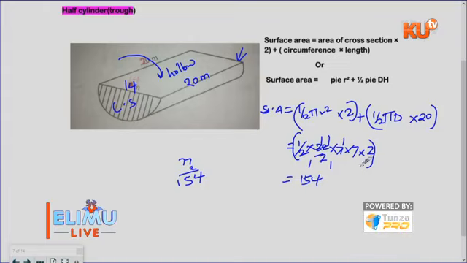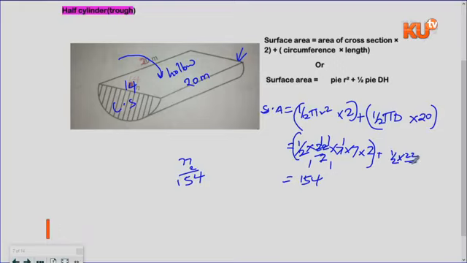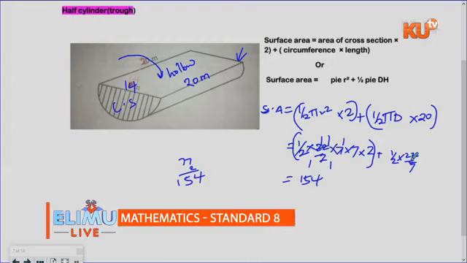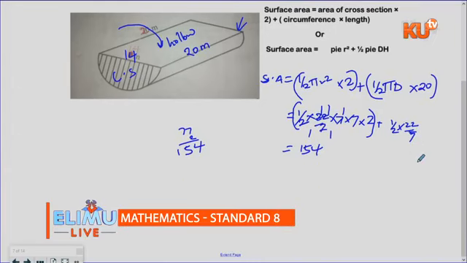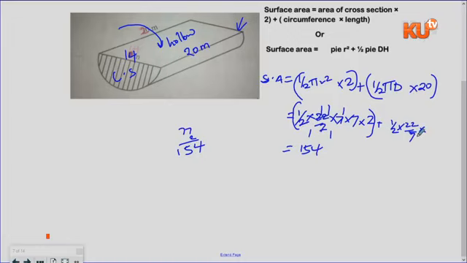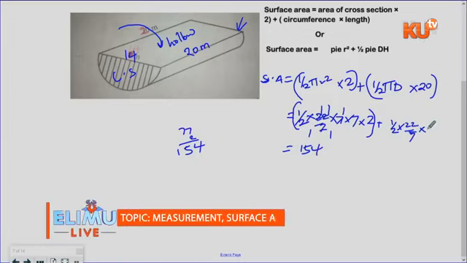154. And then come here again, plus half times 22 over 7, then times, what is the diameter? The diameter is 14, so use 14, then times 20, which is the length.